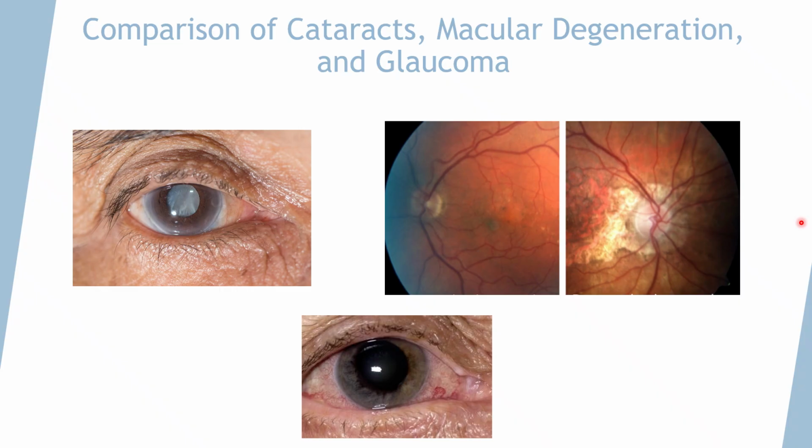Again, there's two types of macular degeneration. Dry AMD is the most common, okay? It's caused by these yellow deposits under the retina, and it progresses slowly over time. There is no cure, but it can be slowed with growth factor supplements.